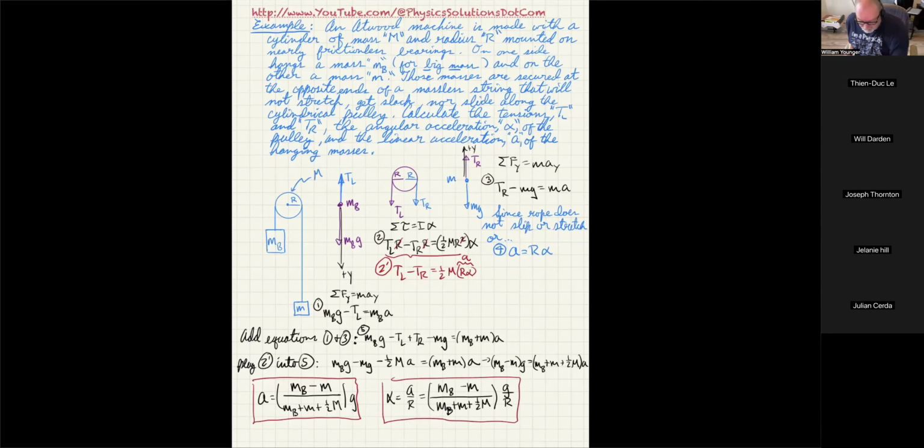So now I've got the angular acceleration as well, and that's just from equation 4.